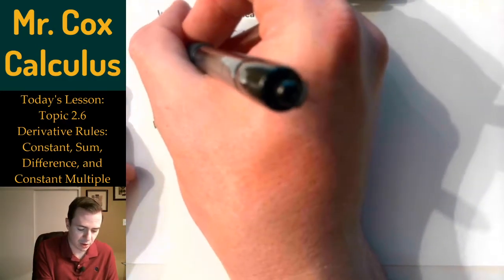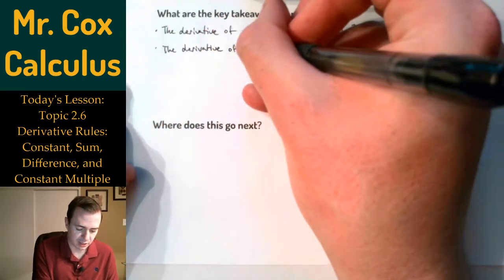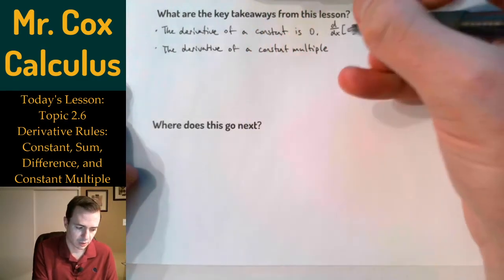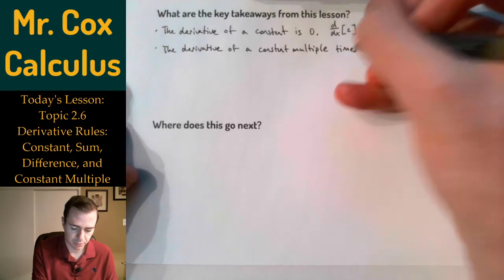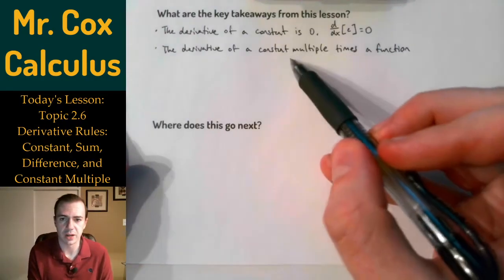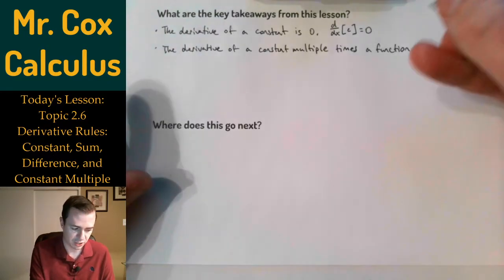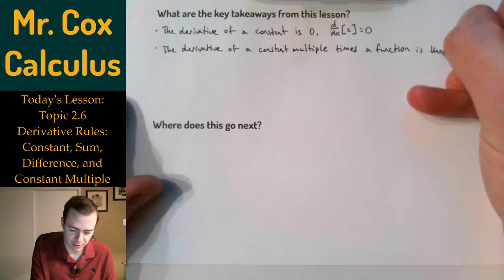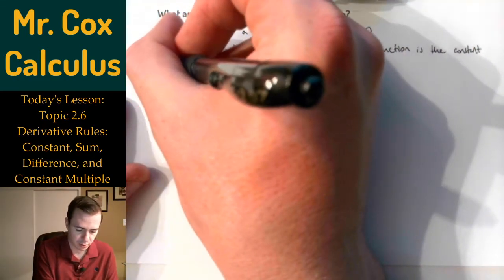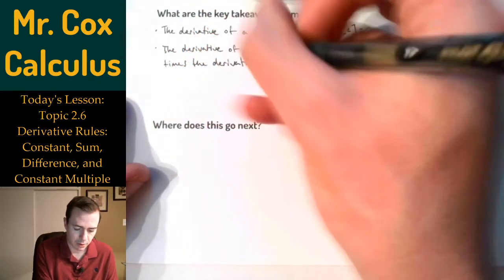If I'm taking the derivative of a constant multiple times a function, that derivative, so a constant multiple or a coefficient as you'll probably refer to it, times a function is simply the constant times the derivative of the function.